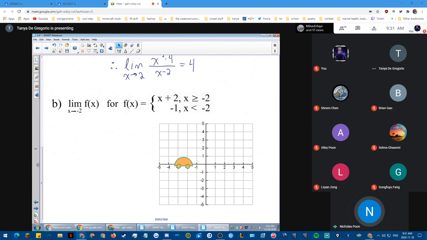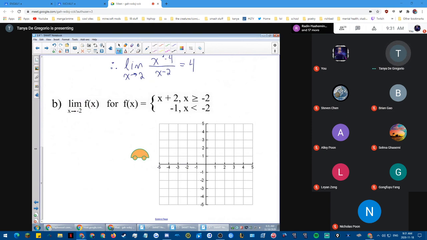So to the right of x equals -2, yes? We use the equation y equals x plus 2. Okay, good. We're going to use the equation y equals x plus 2 when x is greater than or equal to -2. So let's draw that part of the function first.